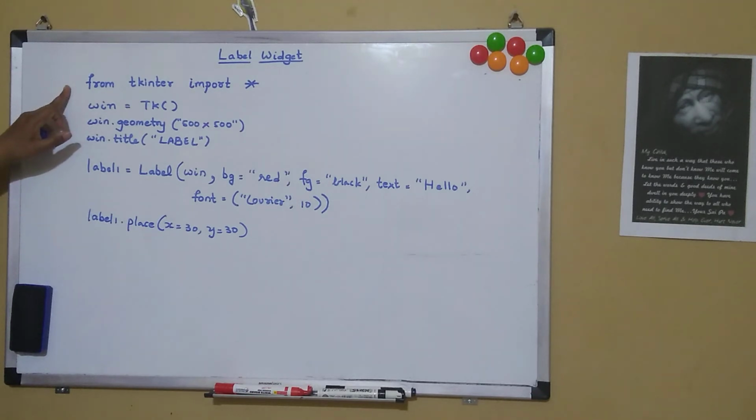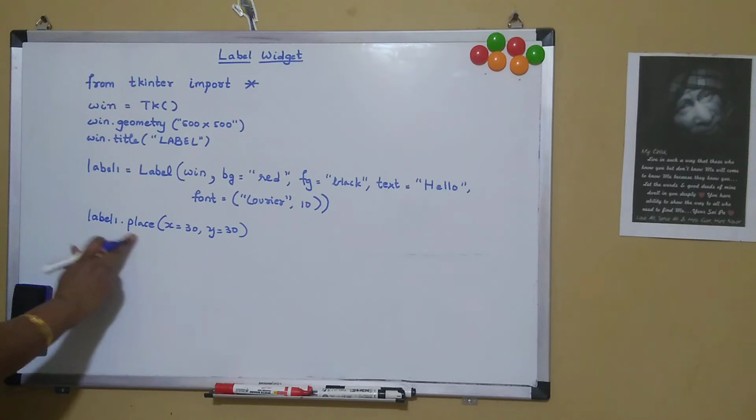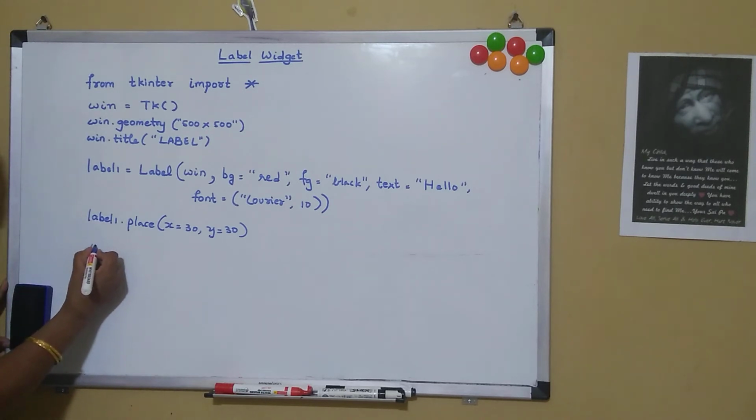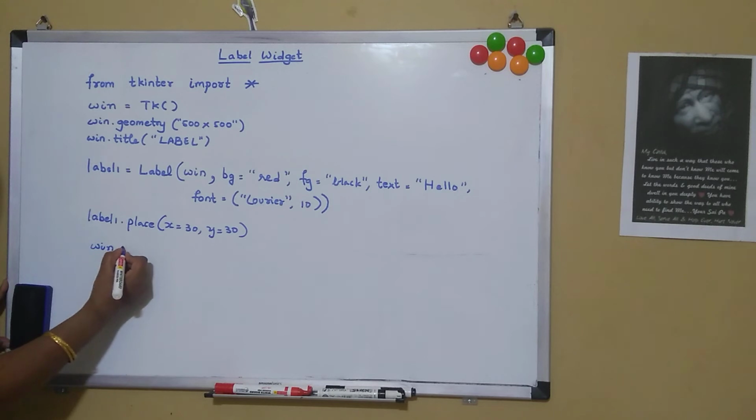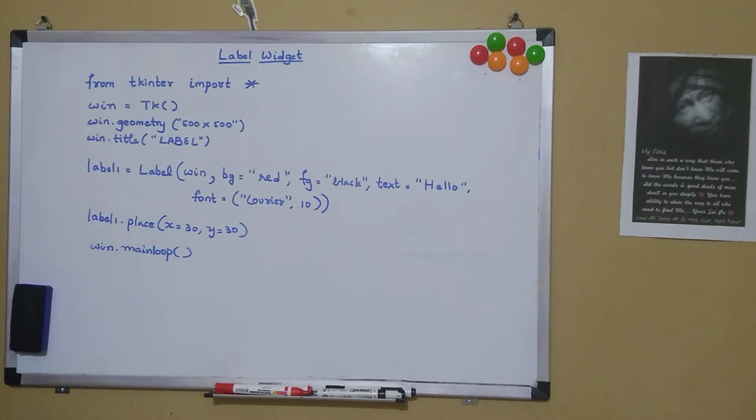Firstly I am importing the Tkinter module. Then I am creating the main window. Then I'm creating a label widget, placing the label widget, and then I'm calling my main event loop, that is mainloop. So this is the end of the program.